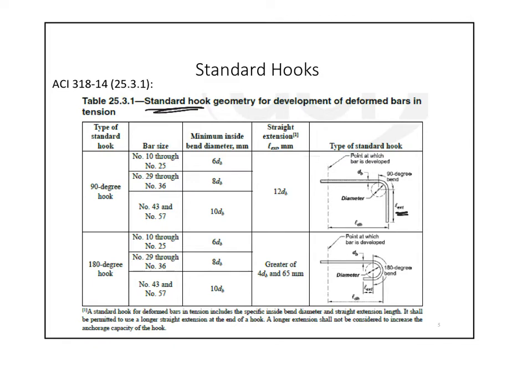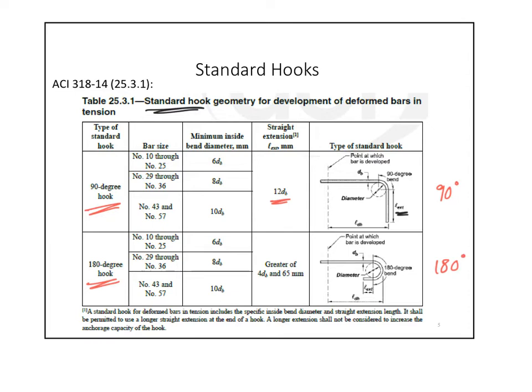That L extension equals 12 bar diameters if it is a 90-degree hook. This is a 180-degree hook, right? We can bend either a 90-degree standard hook or a 180-degree standard hook, depending on the space that you have.